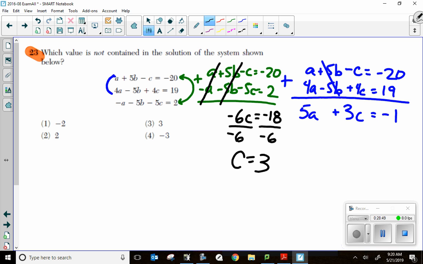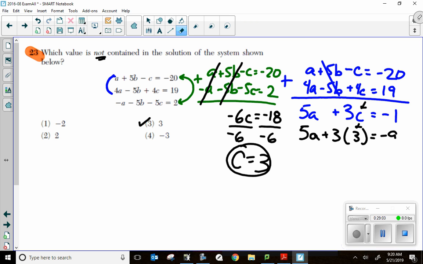Okay, 3 is an answer. They want to know which one is not an answer. Okay, 3 works. Let's throw 3 in for c here. 5a plus 3 times c, which is 3, equals -1. I was going to make that a 9 because I was always thinking 3 times 3 is 9. So 5a plus 9 equals -1.